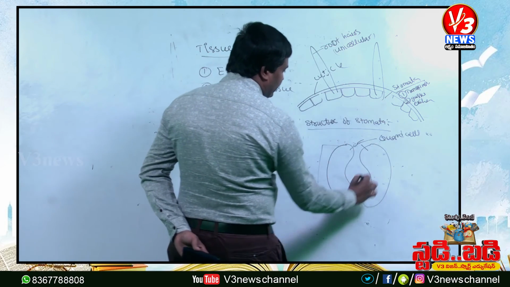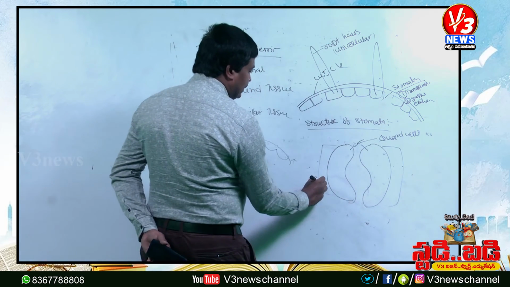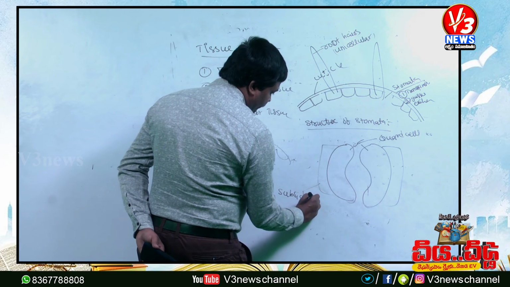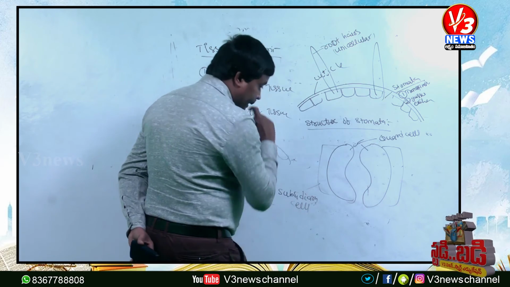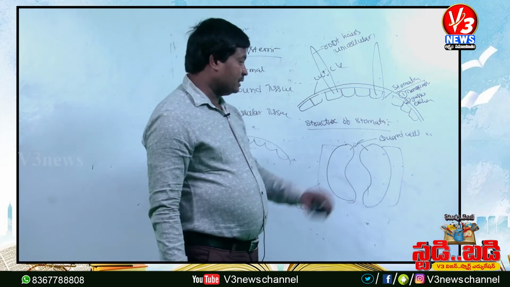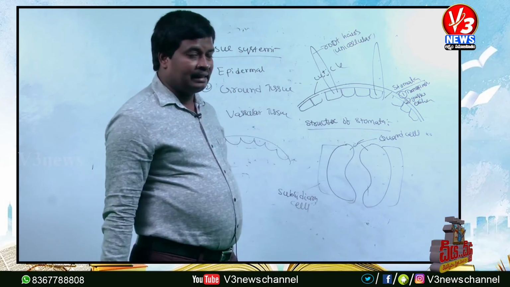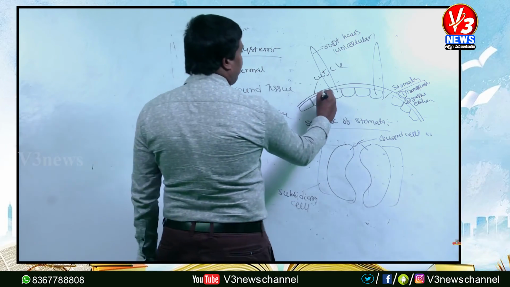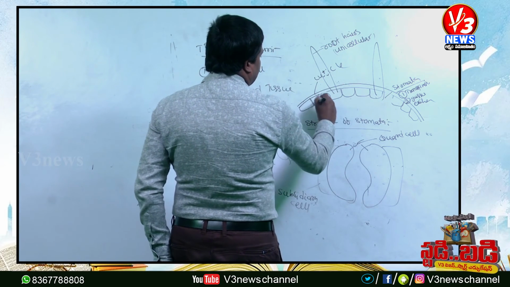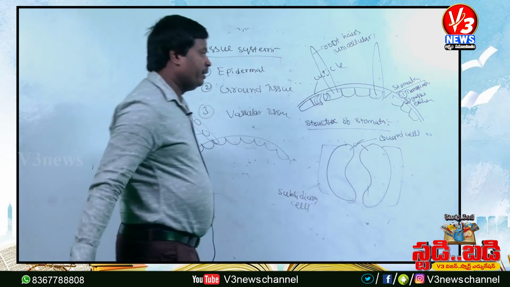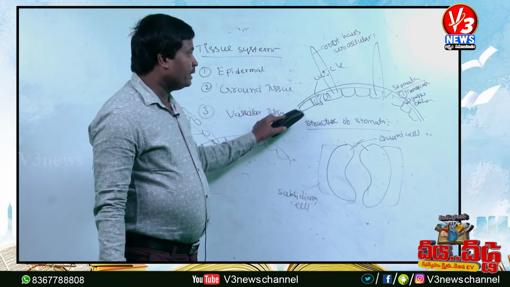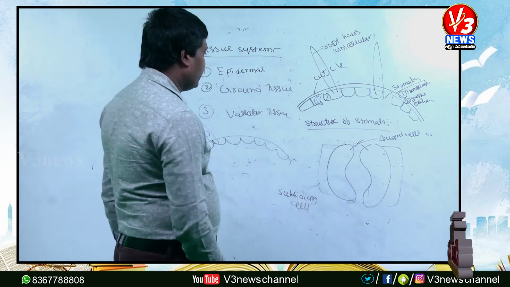Guard cells are surrounded by accessory cells or subsidiary cells. Number of guard cells in one stomata, two guard cells. Number of accessory cells, two. Then this is the stomata, surrounded by many epidermal cells.